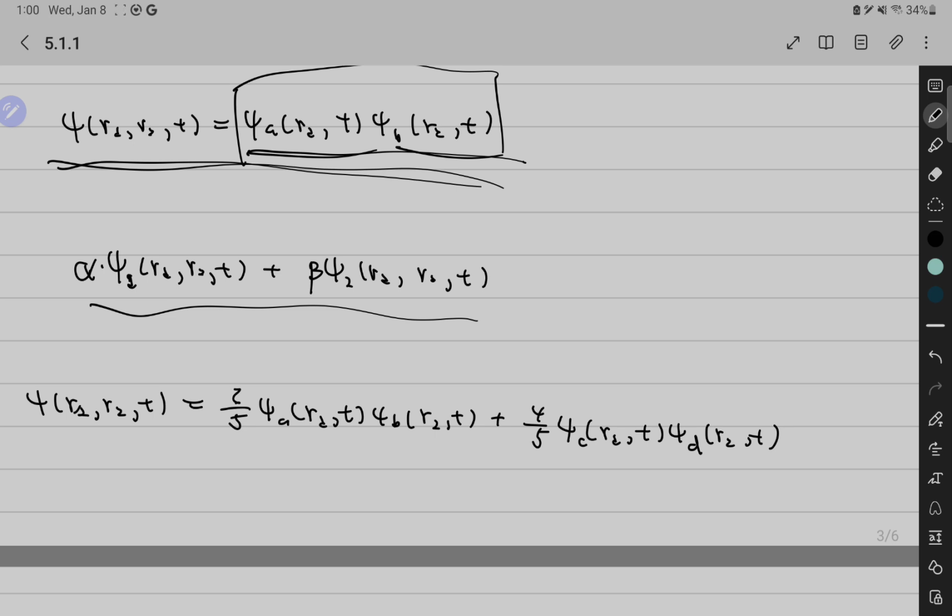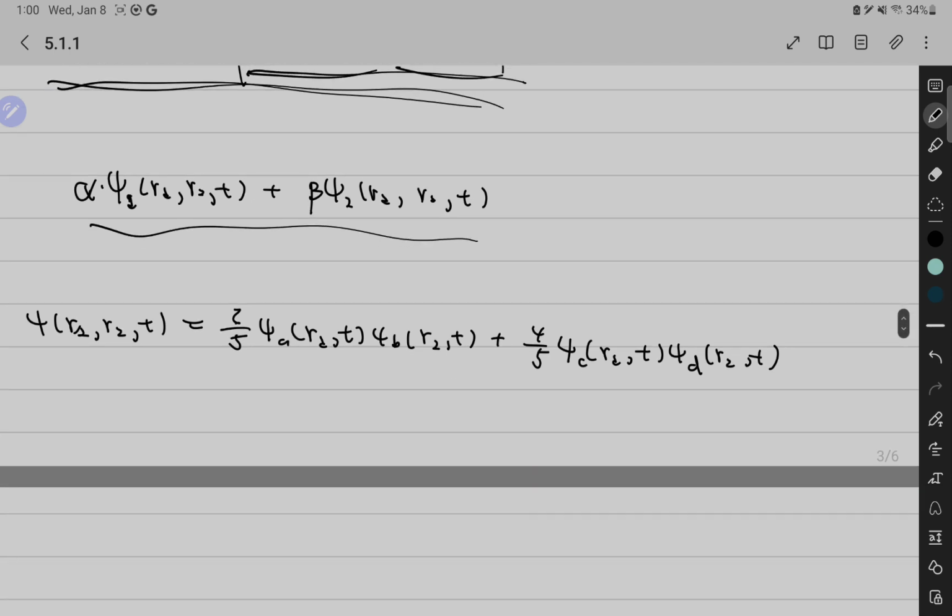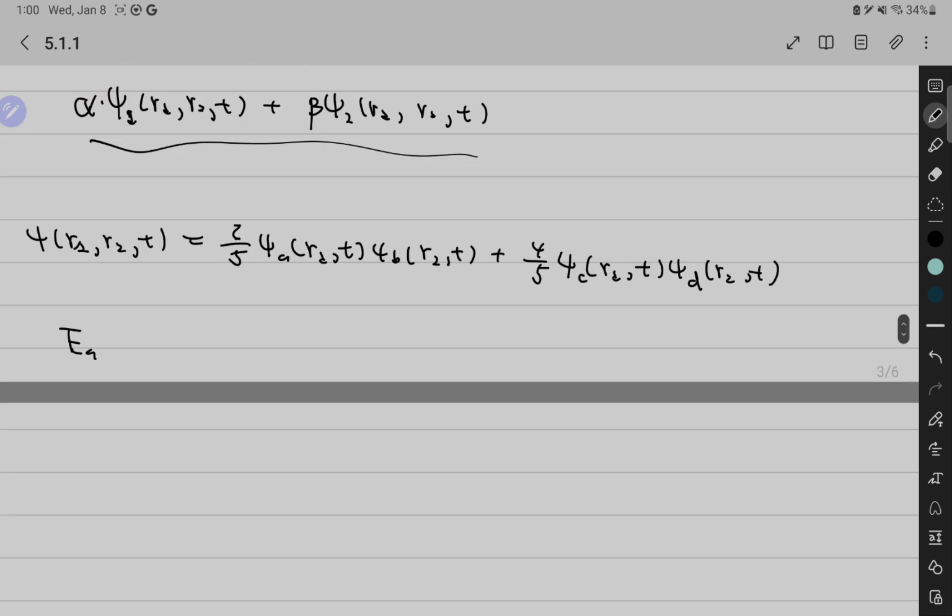In this case, particle 1 depends on the state of particle 2. So if you measure the energy of particle A, what are you going to get? Well, you get EA, right? And if we have measured EA, so EA now is a fixed value, the wave function collapses, and we know what EA is.